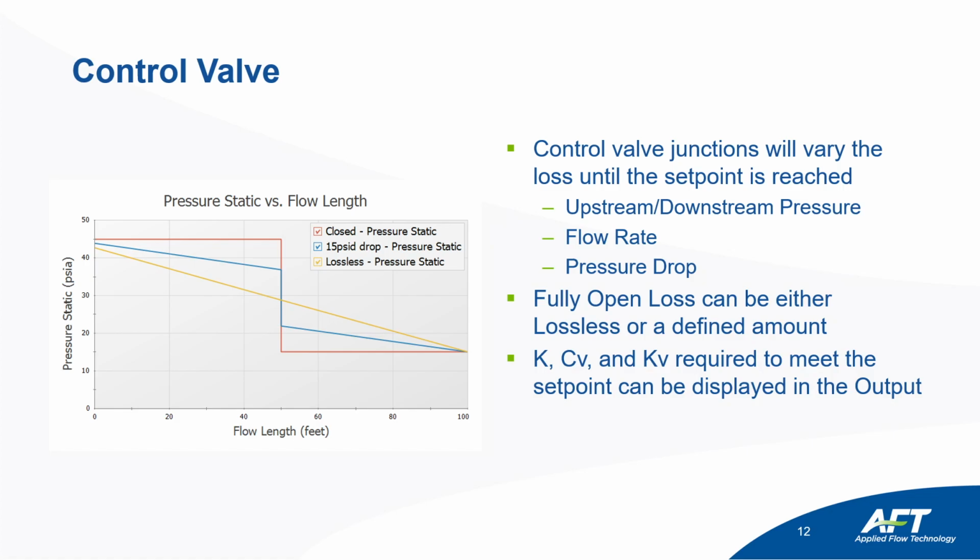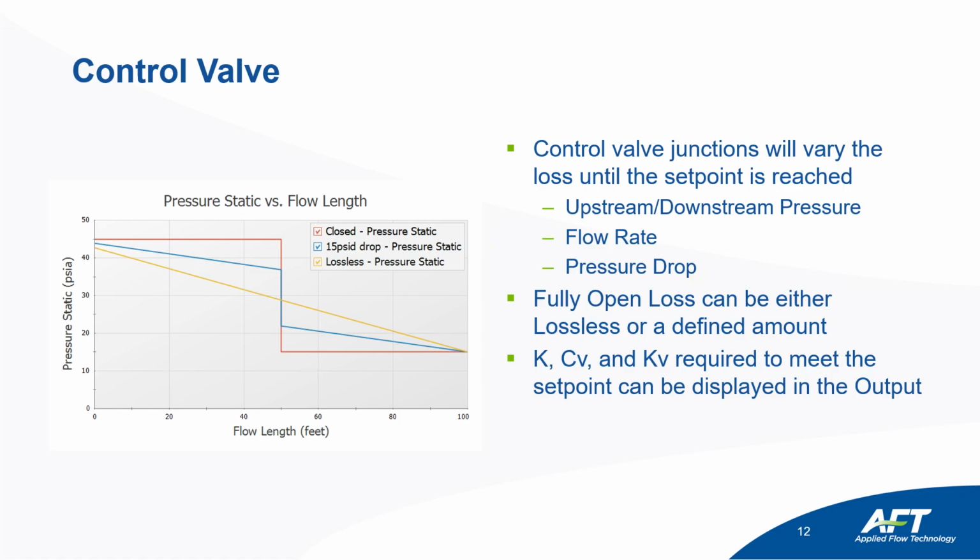You can also specify a fully open loss to be either lossless or a defined amount, such as if you know that an open valve has a CV of 600 and it's not just infinite, set it to 600. That's available for you.